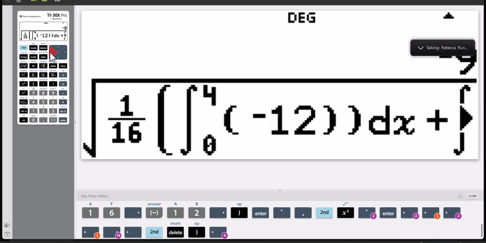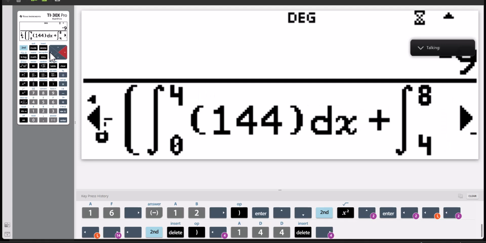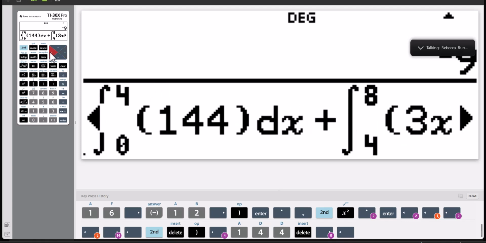I'll just change this to 144 because I know what 12 squared is. And then you would square each of these linear terms.